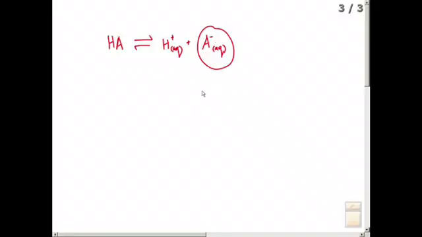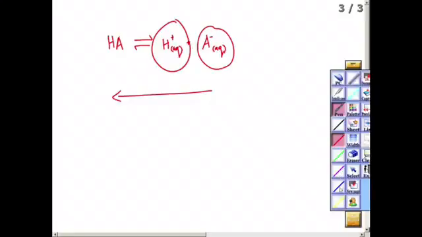According to Le Chatelier, if you add more of the products, it's going to shift towards the reactants. And if it shifts towards the reactants, look at what's happening to your H+ concentration. If you are removing some of your products, that means your hydrogen ion concentration is going to drop. It's going to lower with the addition of this. Okay? So this should pretty much make sense.